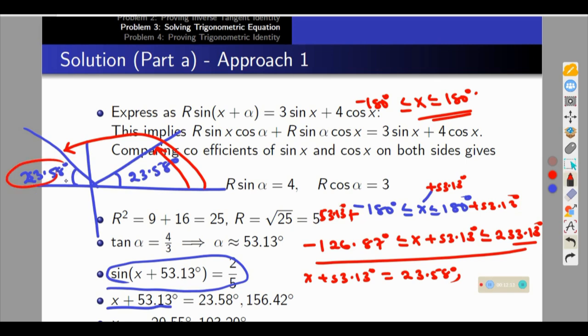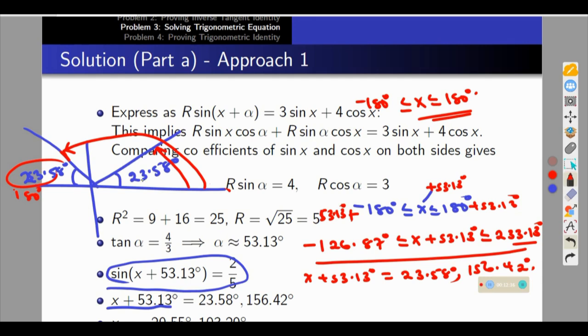From this point up to here is 180 degrees. So if I need the angle from here to here, I get 180 and subtract 23.58. So that will give us 156.42 degrees.